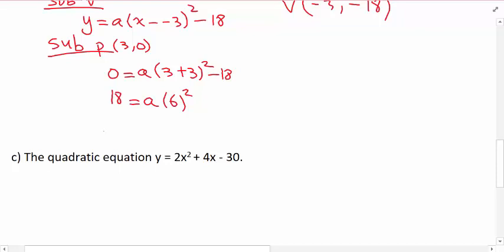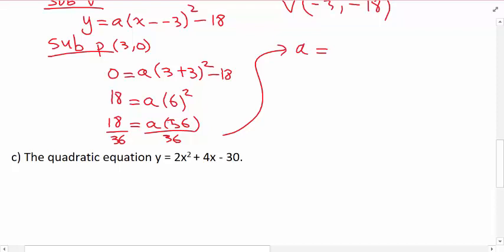What you're going to get is 18 equals 36a. Divide both sides by 36, and you get a equals a half, 1/2. So y is equal to 1/2(x + 3)² - 18. So that's the final answer for that one.